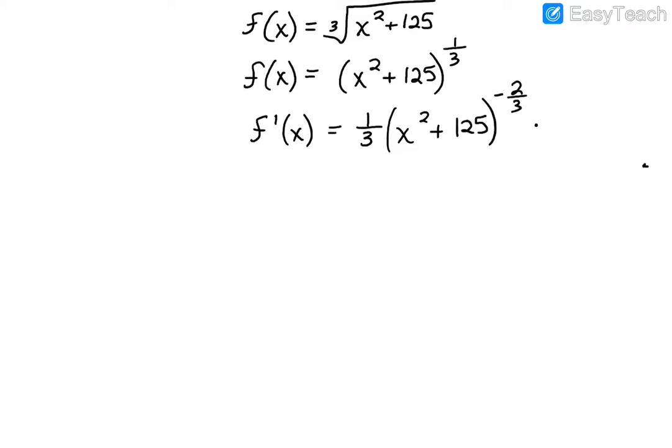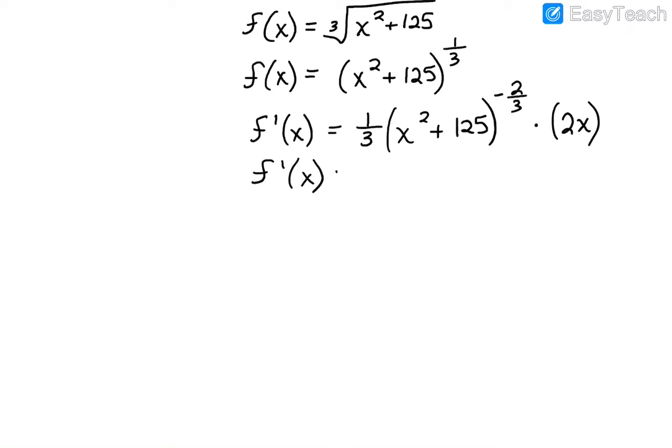But remember, with chain rule, you then have to come back and multiply by the derivative of the inside of the function. And so the derivative of x squared would be 2x, and the derivative of the 125 would be a 0. Of course, I would go ahead and simplify that first derivative just to make the second derivative easier on the next step.